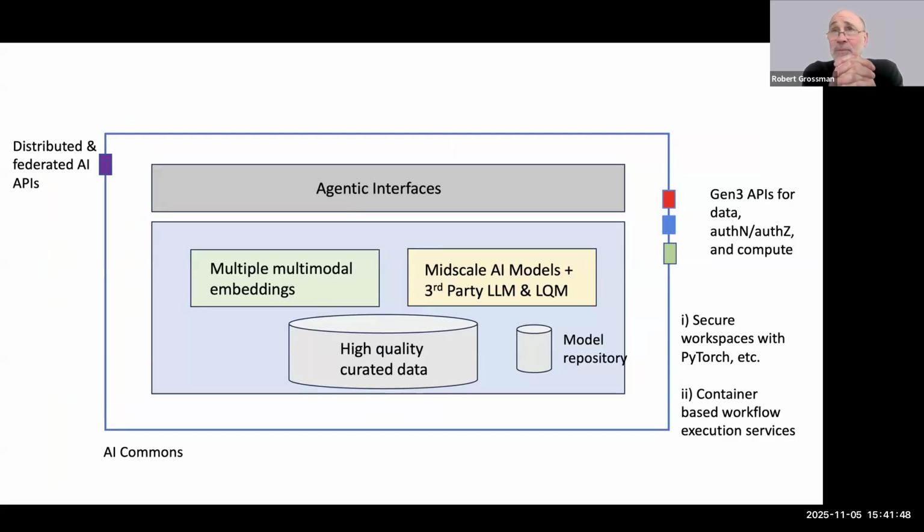I have a paper coming out where we talk about what we mean by small and mid-scale models, but these are models you can think of that can be built just with pure CPUs, that can be built with 4 to a dozen or so GPUs.